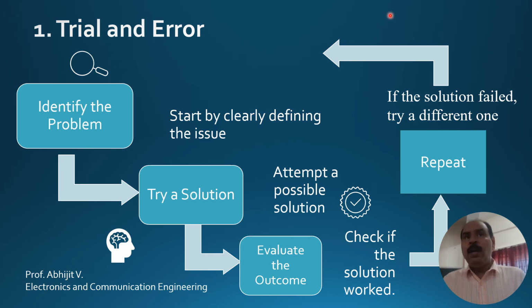So this is all about the trial and error method of problem solving. There is one more reason why these things are explained in the class. You may be asked theoretical questions on the trial and error method, right? The different steps involved in problem solving using the trial and error method.